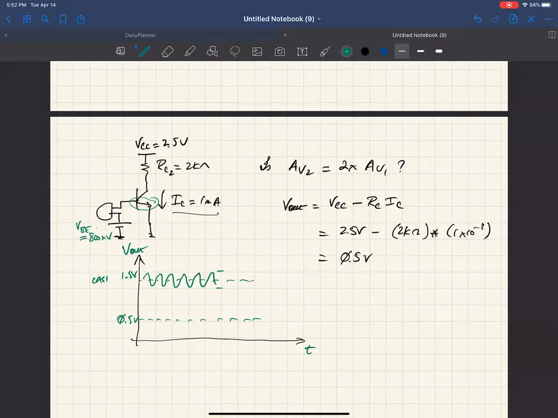So now V out, which is VC, is less than the base voltage, by 300 millivolts.